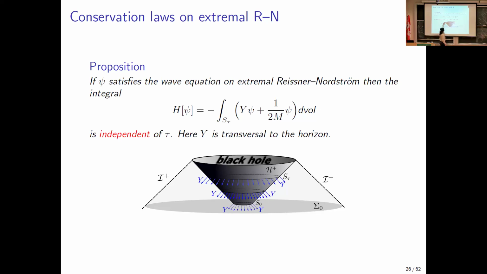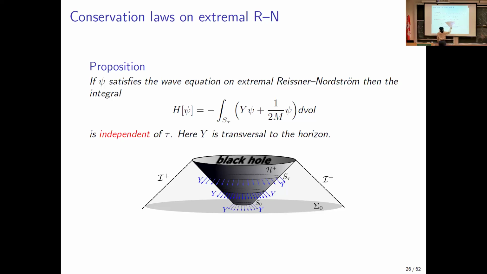In the extremal case, we have a conservation law for the wave equation along not just null infinity, but also along the event horizon. Okay, the event horizon is an outgoing null hypersurface. You can consider sections of the event horizon. Along each such section, you can integrate an expression of your scalar field that involves the scalar field and its derivative.